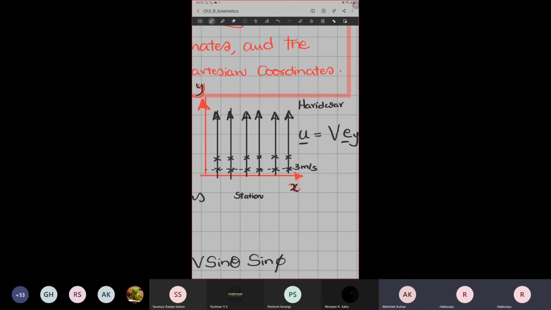That might change to 5 meter per second as it is reaching Haridwar. This is perfectly fine. But throughout the system, you are supposed to see it should depend only on one particular coordinate. If that happens, we will call it one-dimensional flow.